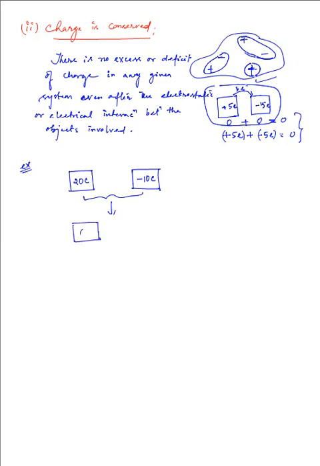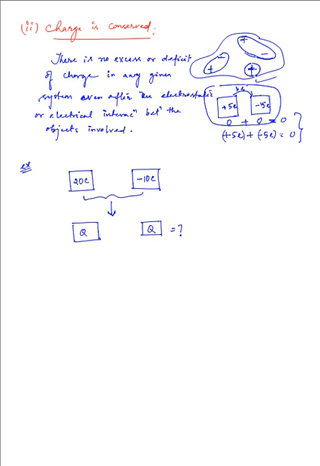So this will have a charge q at the end, and this will have a charge q at the end of that interaction. So we wish to determine how much is that value q, that is the charge possessed by each of them at equilibrium, and what was the amount of charge transferred and who was responsible to transfer those charges. We'll also take a look at that.